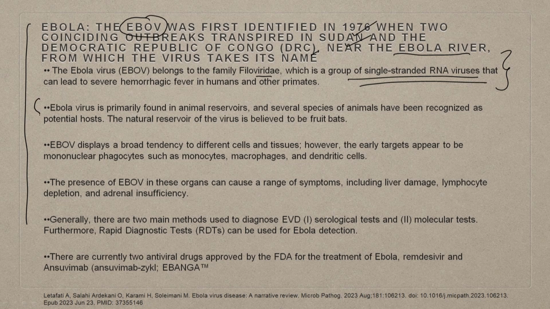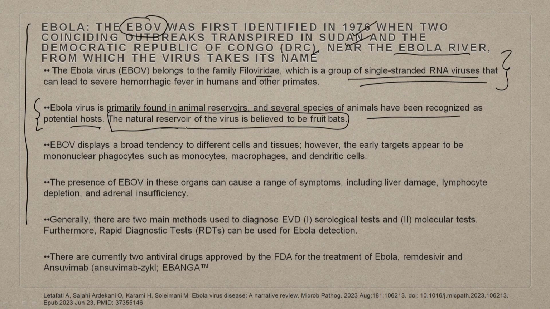Coming back to the next point, Ebola virus is primarily found in animal reservoirs. Several species of animals have been recognized as potential hosts. The natural reservoir of the virus is believed to be fruit bats. These bats are very common in tropical rainforests, because bats are major carriers of pollination, especially during the night.